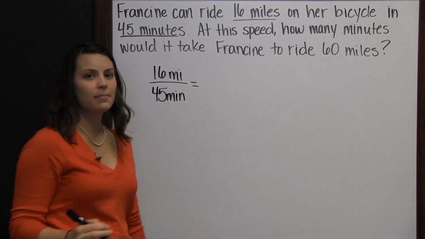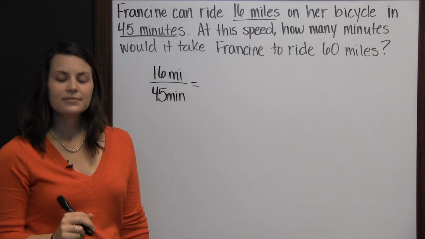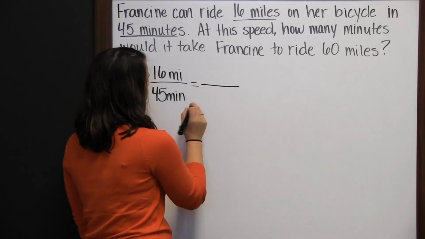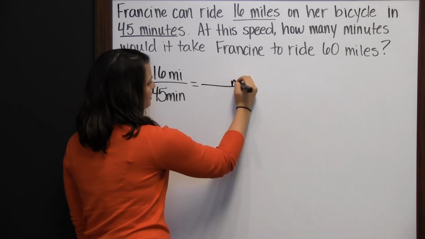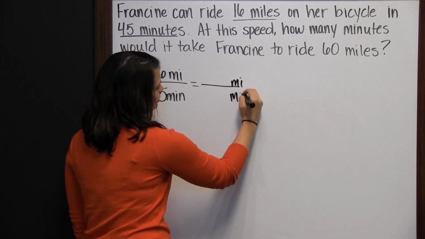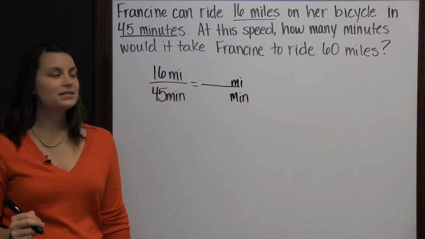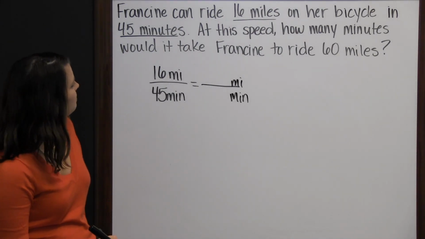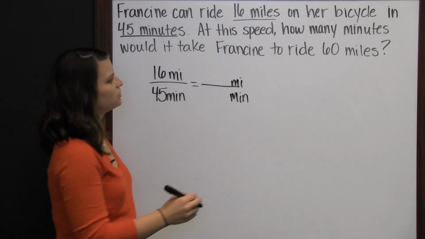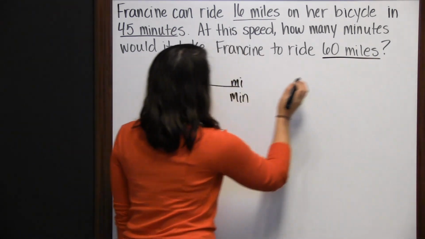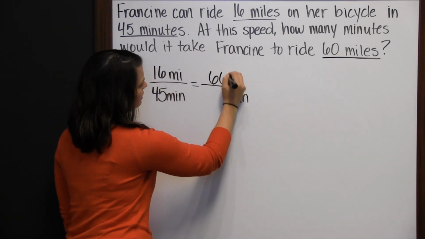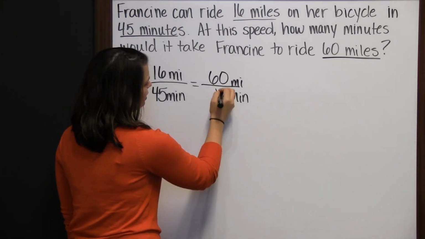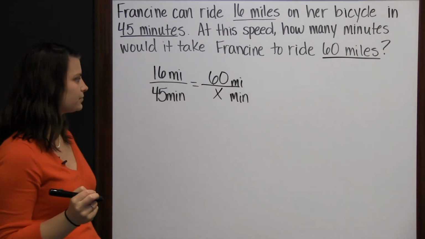And the key to setting up a successful proportion is to be consistent. So since in our first ratio we have miles to minutes, our second ratio will also be miles to minutes. So they want to know how many minutes it would take Francine to ride 60 miles. So my miles is 60, and my minutes is what I'm trying to find, so that's where I'll put a variable.